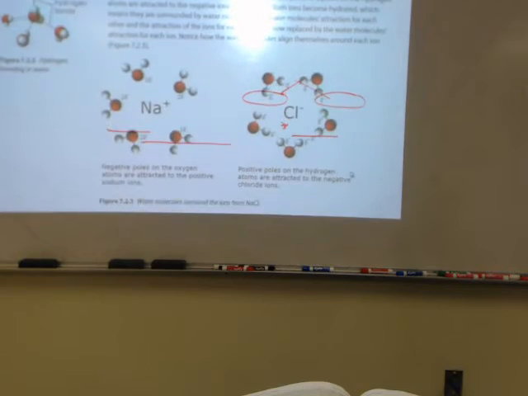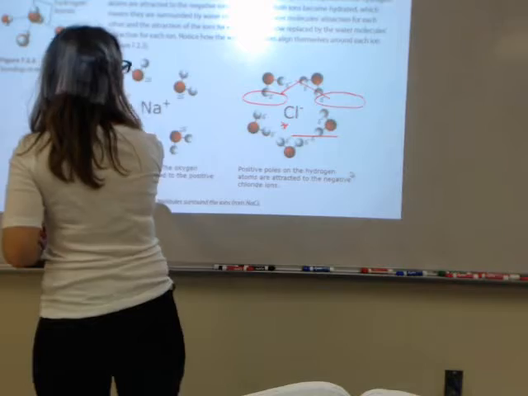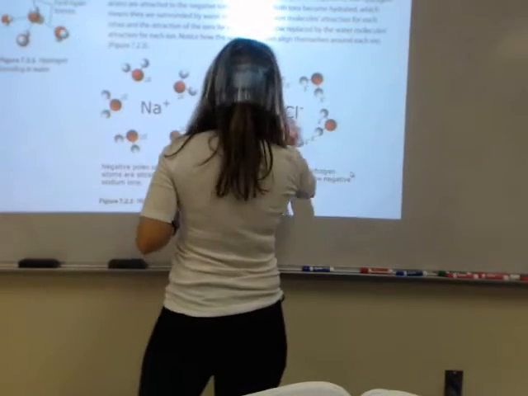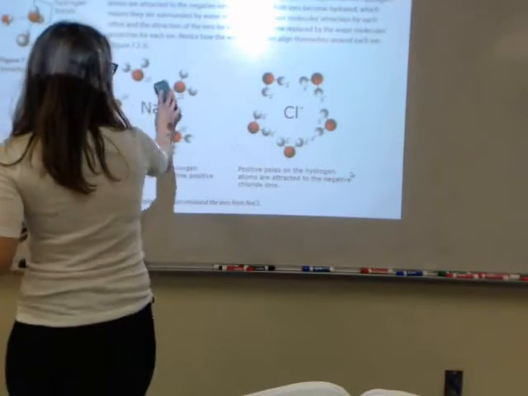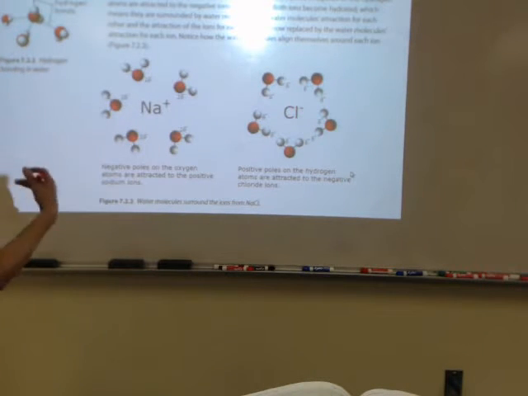And the ions become, we call them hydrated. That means they're going to be surrounded by water molecules, and you're going to replace the attractions between the water molecules with the attractions that the negative or the positive ends of water have for the anions or the cations.